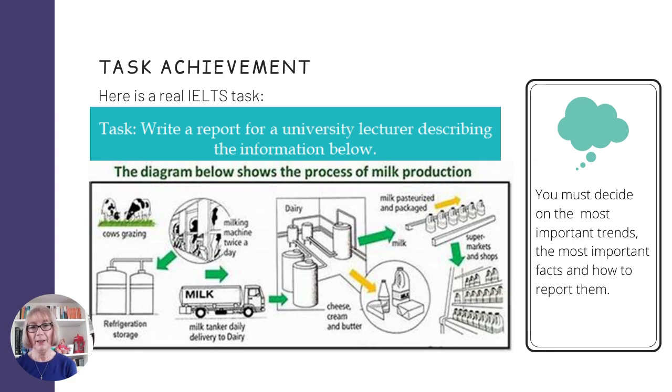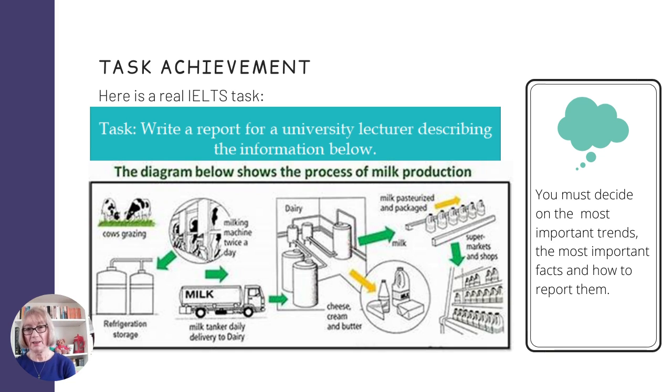So here is a real IELTS task, and you might actually have seen this diagram on the internet if you have been searching for past papers. Now you can see that the task is to write a report for a university lecturer describing the information below. And in my paid academic writing course, I do spend more time on the wording of the task because it does appear in 2 different ways.